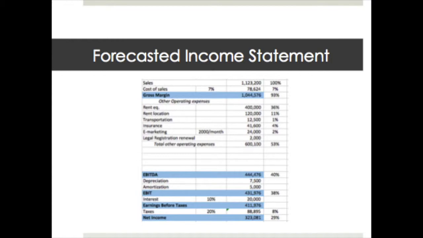Then we subtracted the interest, which represented 10% of our total, which we got 411,000, which is our earnings before taxes. Then we subtracted the taxes, which represents 20%, and we got our net income of 323,000.